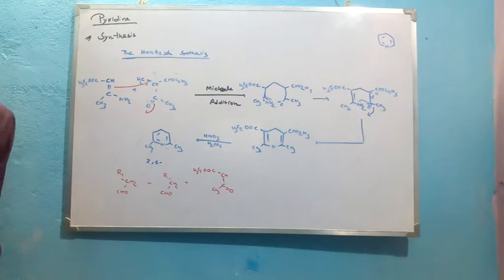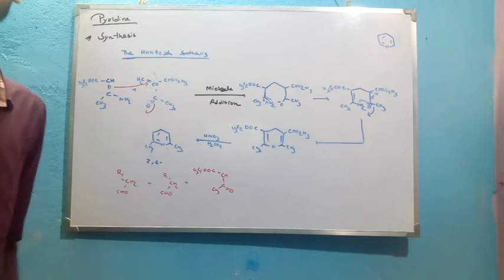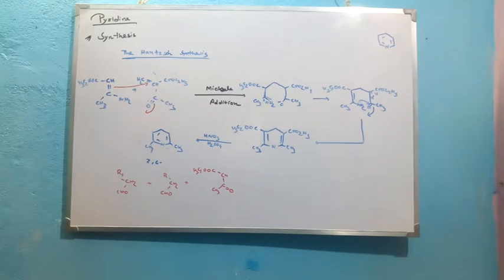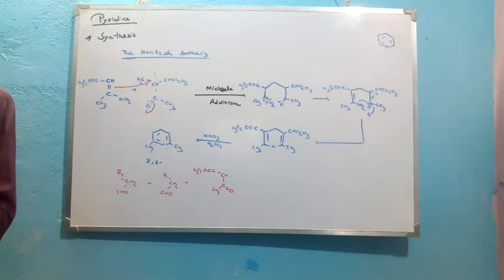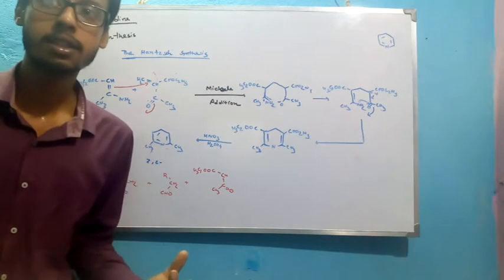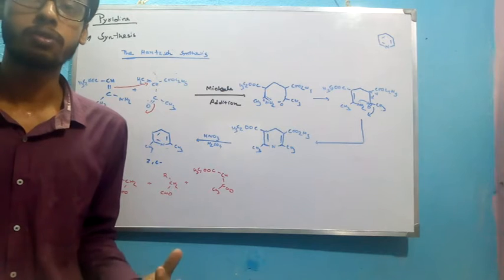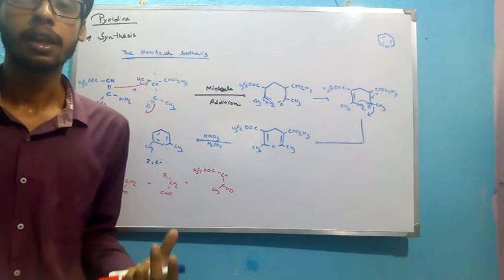Okay, so this is an important synthesis, and other syntheses are involved in that category. It is also obtained from other ring systems, such as from a furan derivative like 2-acetyl furan.